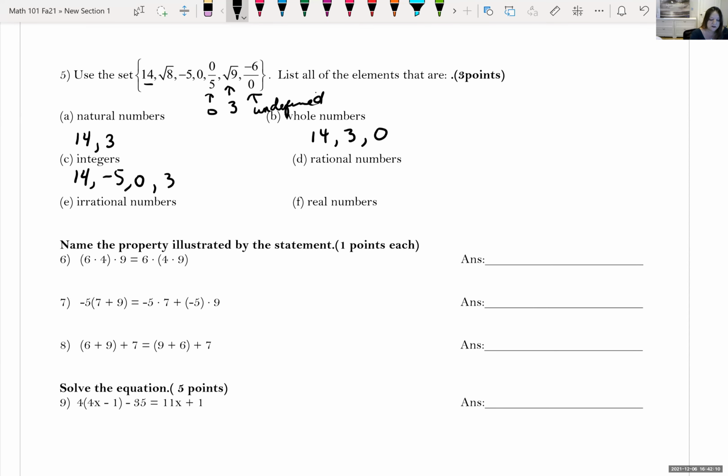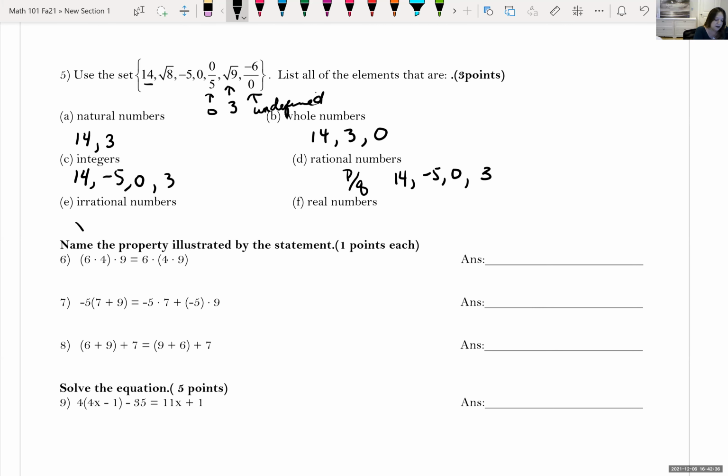Rational numbers, those are the ones in the form of p/q. And so we have 14, -5, 0, and 3. Irrational numbers, those are the ones where the decimal goes on forever but never repeats itself.